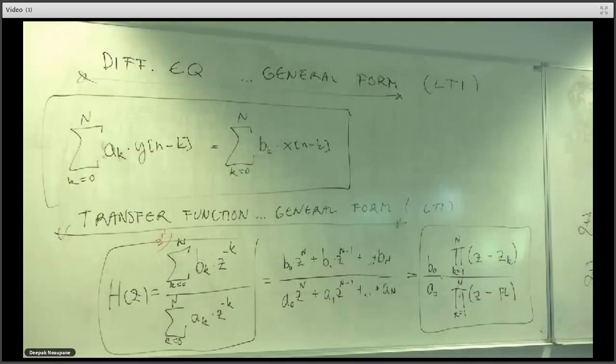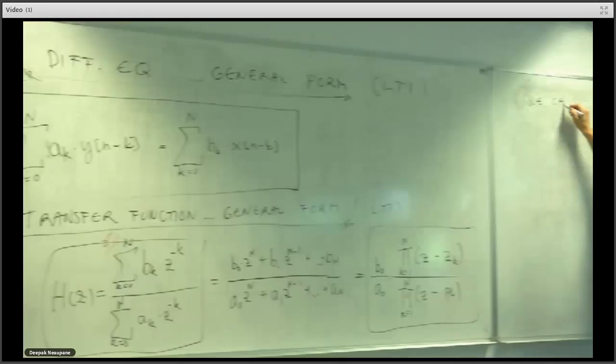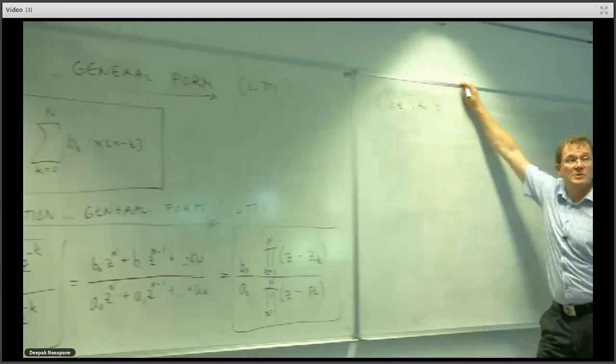Now we can calculate the special points of this transfer function, called poles and zeros.